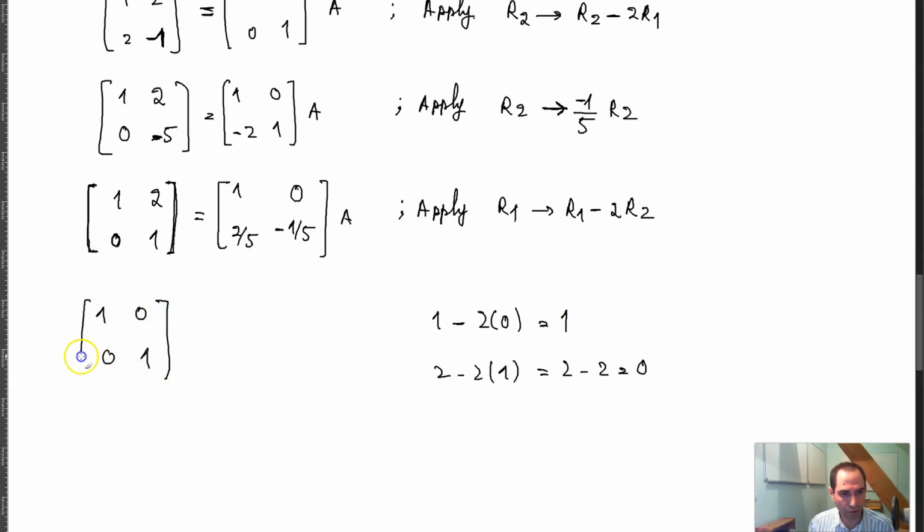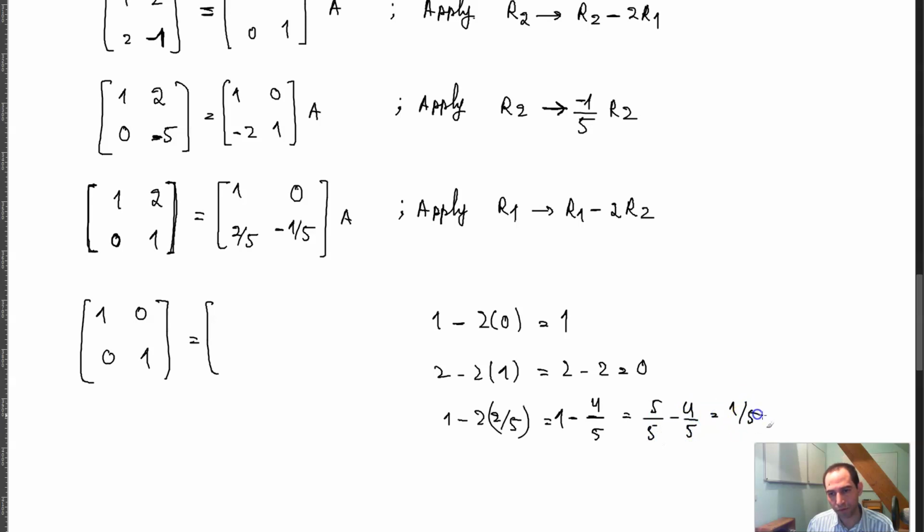And now this becomes the identity matrix. And I have to do the same thing over here, meaning that this entry becomes 1 minus 2 times 2/5, which is equal to 1 minus 4/5, which is equal to 5/5 minus 4/5, which is equal to 1/5.